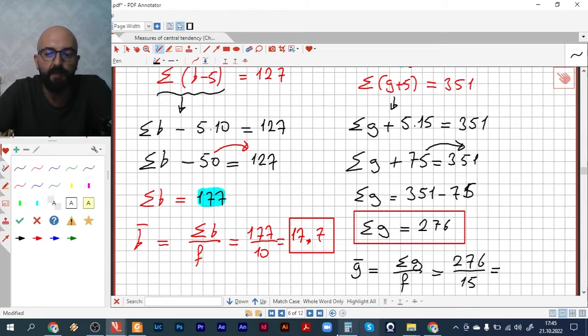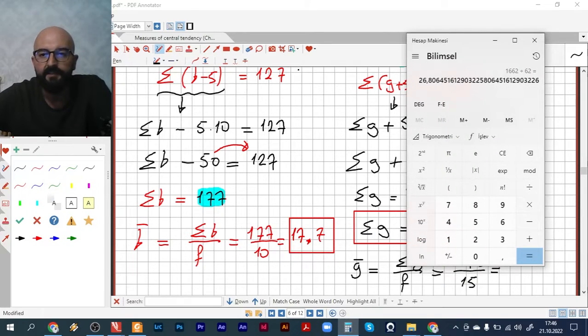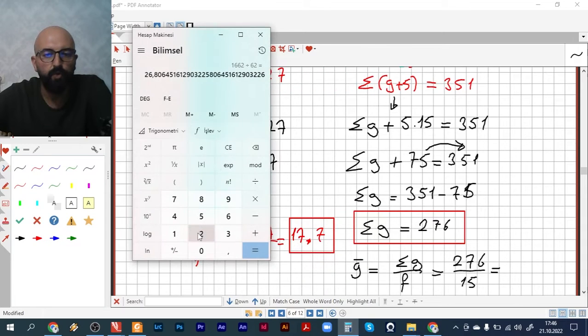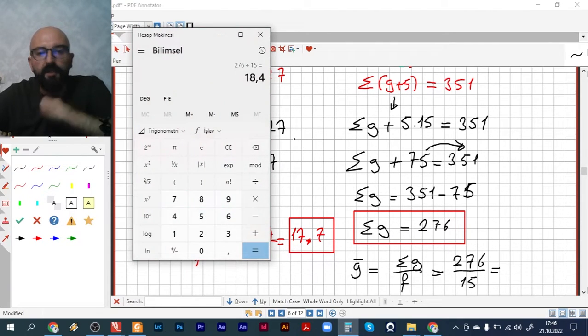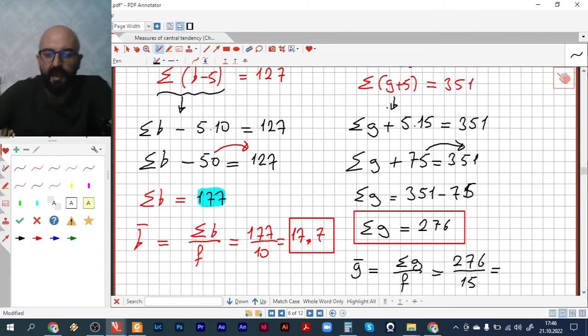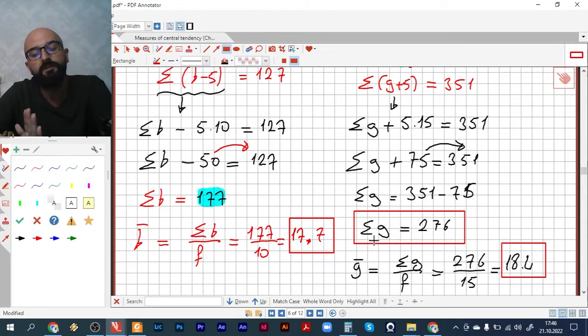So I want to use my calculator again, 276 over 15, so 18.4 for today, because we used the sum of age, today's age for girls.